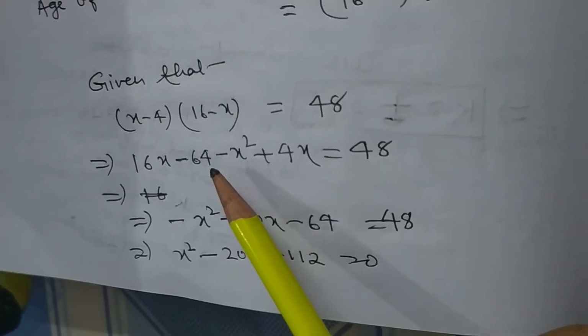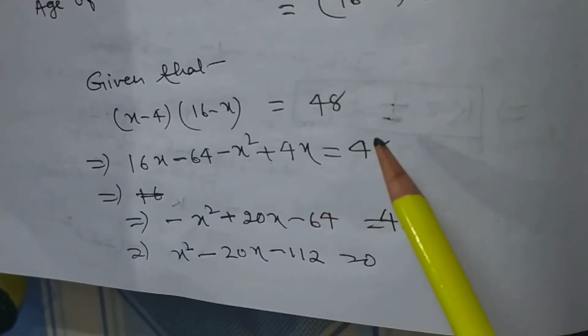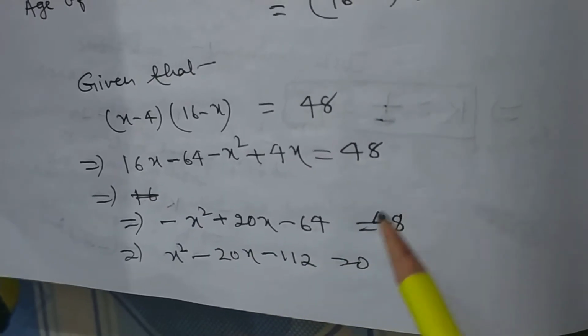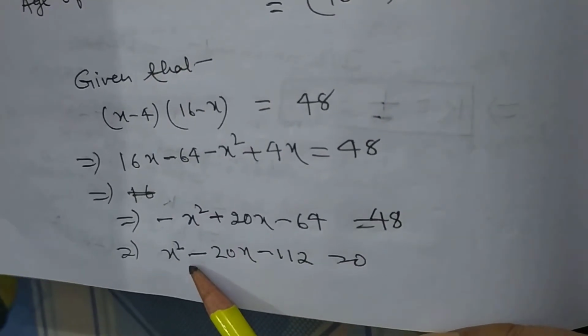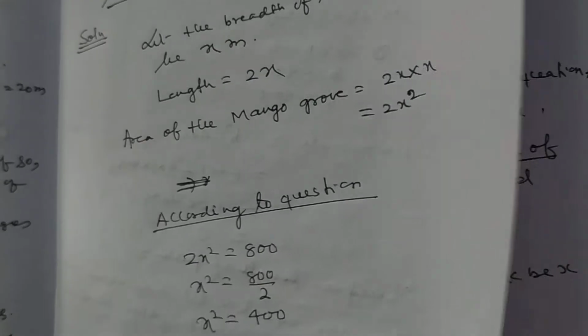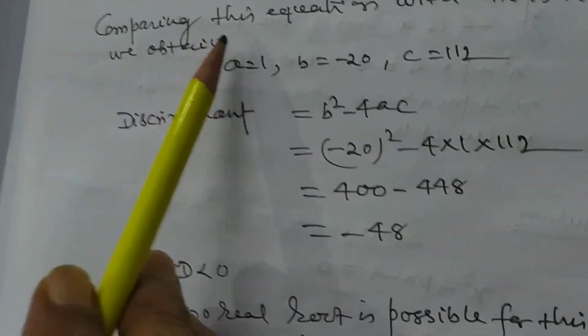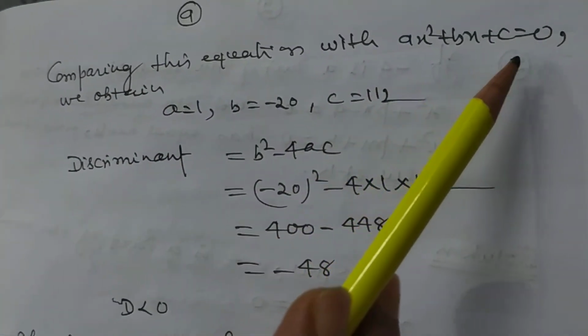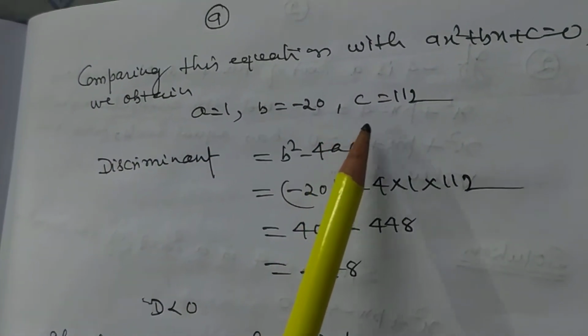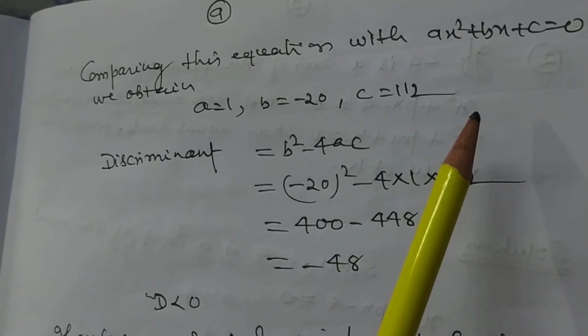16x minus 64 minus x square plus 4x is equal to 48. So minus x square plus 20x minus 64 is equal to 48. Or x square minus 20x plus 112 is equal to 0. So my dear student, comparing this equation with ax square plus bx plus c is equal to 0, we obtain a is equal to 1, b is equal to minus 20 and c is equal to 112.